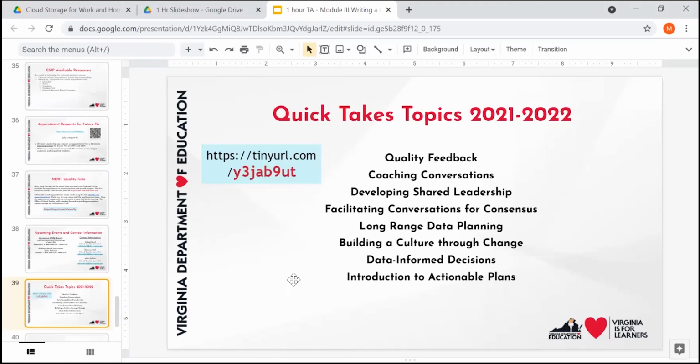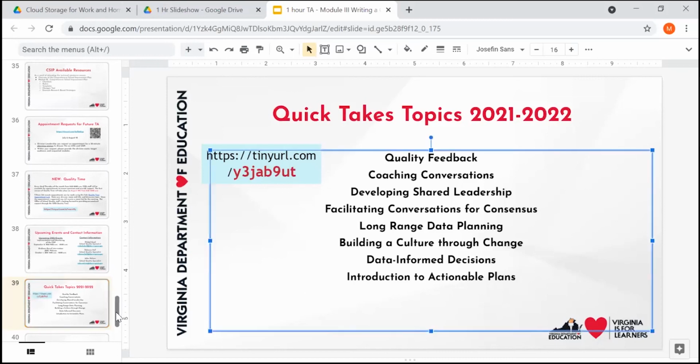Okay, and then we do have the quick takes also. It's our last little plug here for OSQ support. We have a monthly email that goes out just once a month, so it's not filling your inbox with too many things. That is a quick take document, and the link is there if you're interested in signing up to receive those emails.